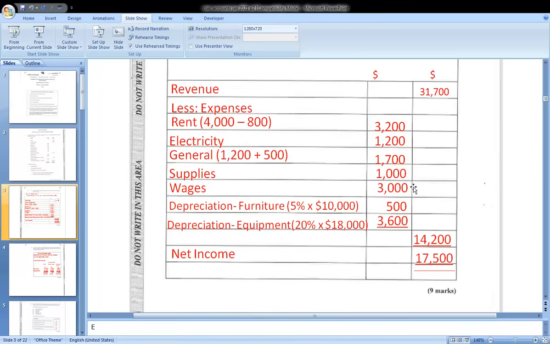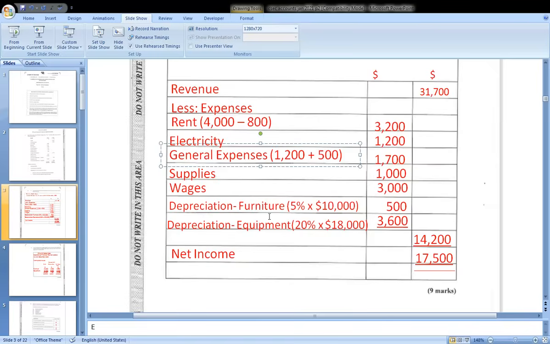So we add that together and we get $1,700 for general expenses. 1,700 there. Then we have supplies 1,000, and then wages 3,000.